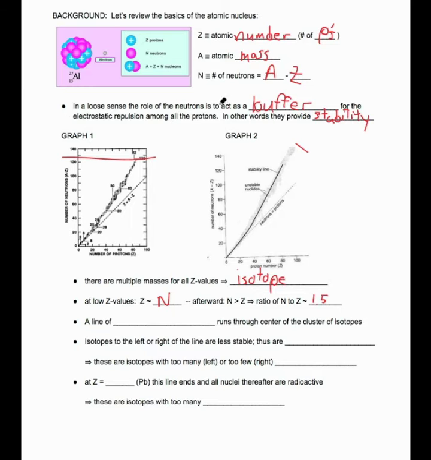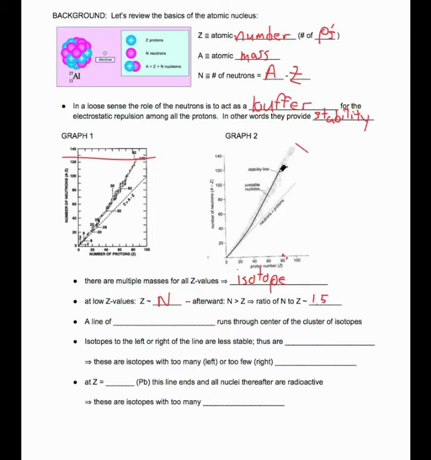Okay, let's look at the second graph, which is telling us a similar thing. In the second graph, we see this dark line that runs all the way and ends abruptly right about here, which corresponds, oops, that's a very poor line. Let's erase that. Okay. Anyway, it corresponds to an atomic number right around 80.